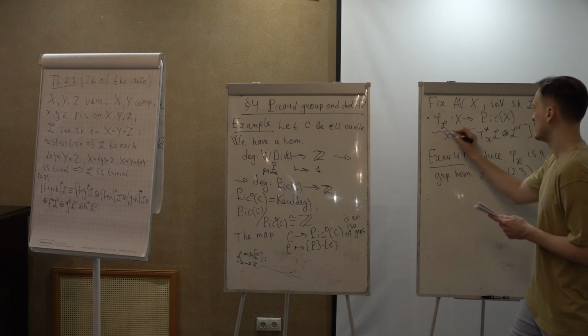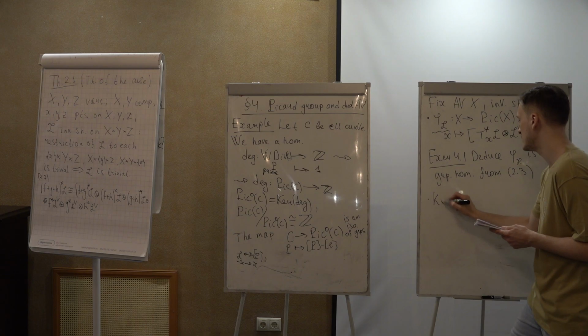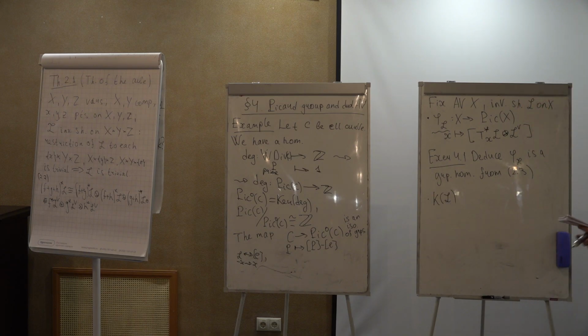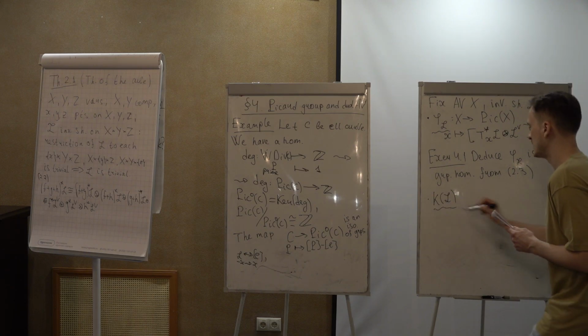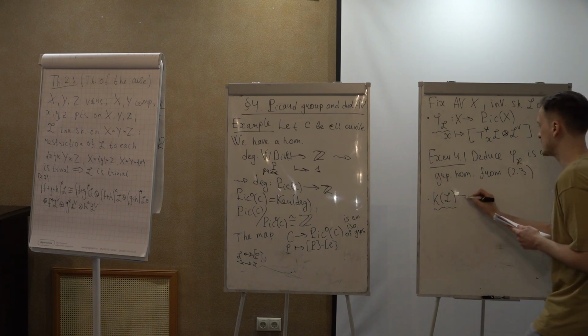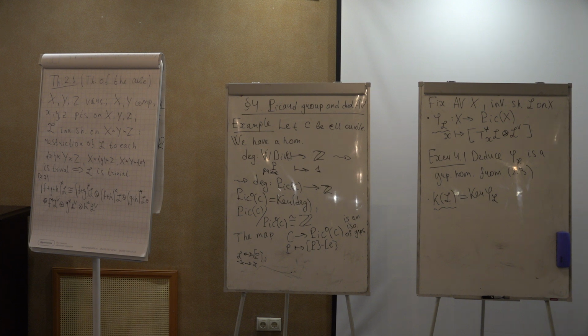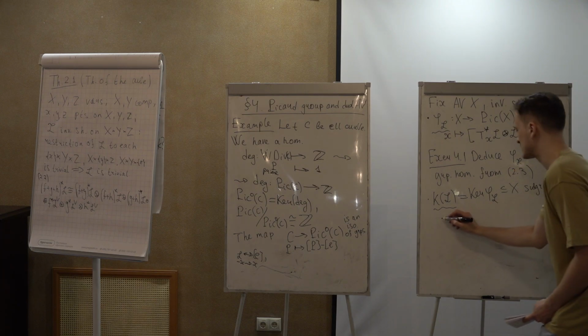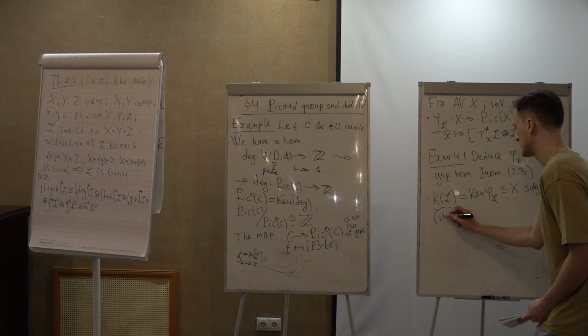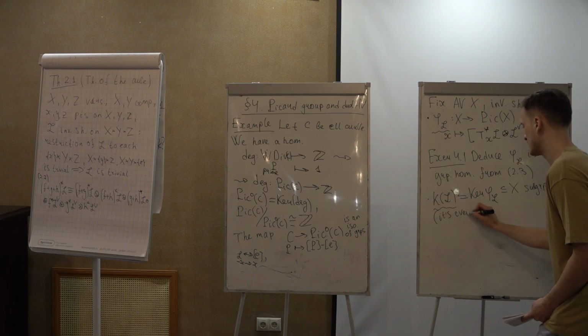And now we define K of L, which we mentioned in theorem 3.1, I guess. This is just the kernel of this phi_L. So it's a subgroup in X. And in fact, it's closed.